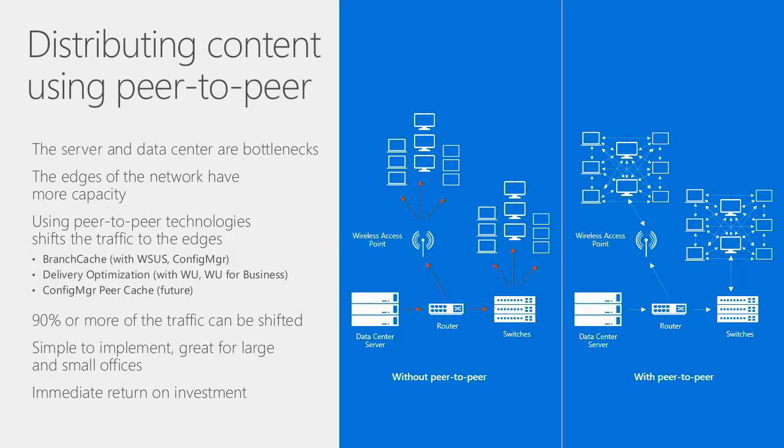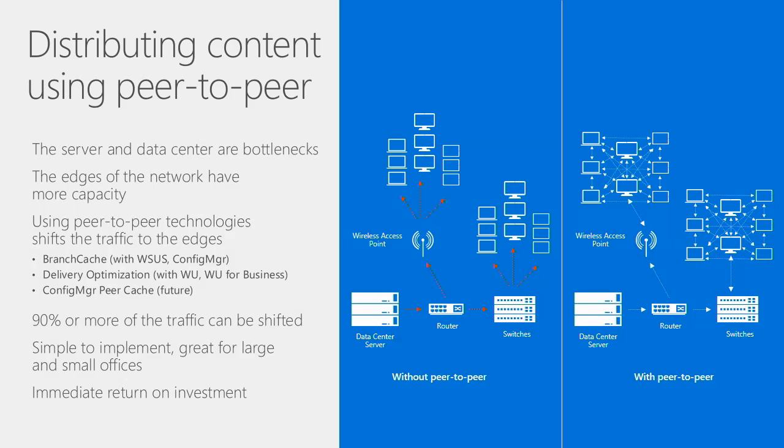We also have another technology called delivery optimization. This is tied into the Windows Update service. So as a client scans for updates and figures out what it needs to install, instead of just directly downloading it from the internet, it will first ask the delivery optimization service on the internet, are there any peers near me that have already downloaded this that can provide the bits to me instead?